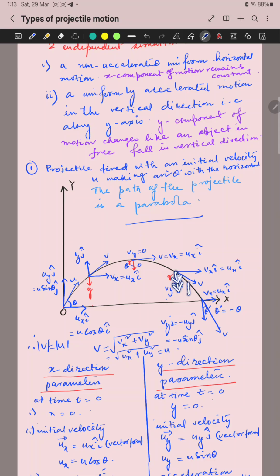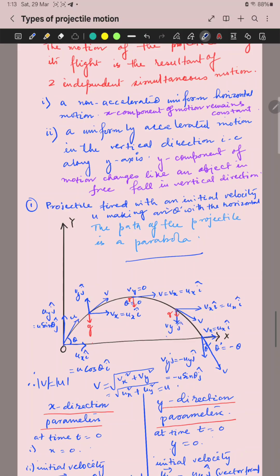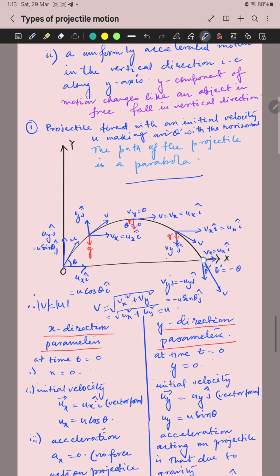So here the velocity will keep on increasing. Now when it lands, vx is the same as ux and vy will be the negative of uy. Their magnitudes are the same, but here it is positive uy and here it is negative uy.